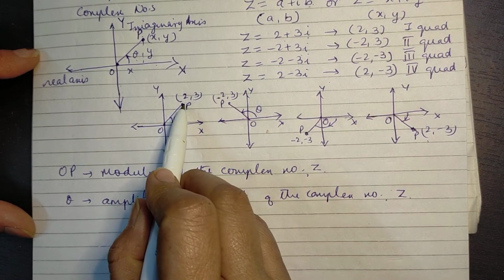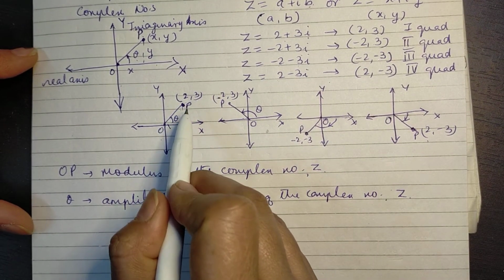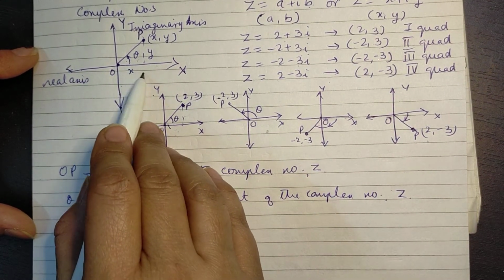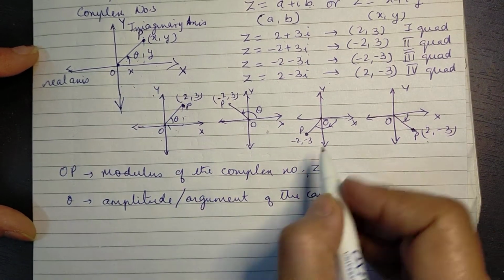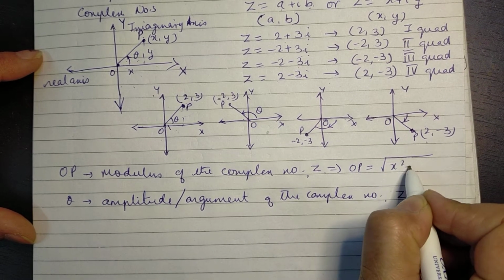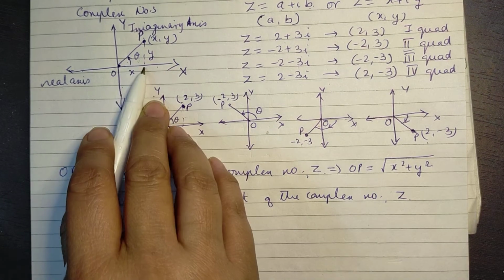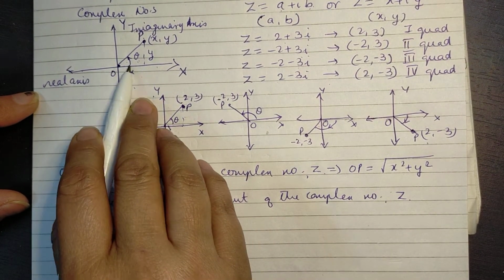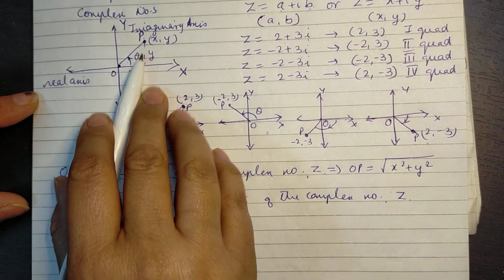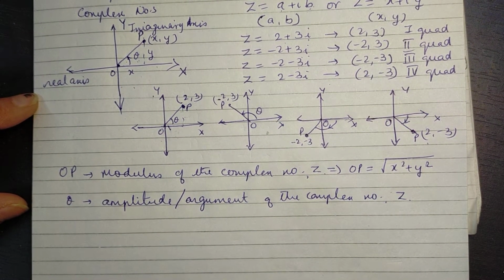The distance of that point from the origin is called the modulus of the complex number, and clearly from this picture, using the Pythagoras theorem, OP is equal to the square root of x squared plus y squared, since x squared plus y squared equals OP squared.